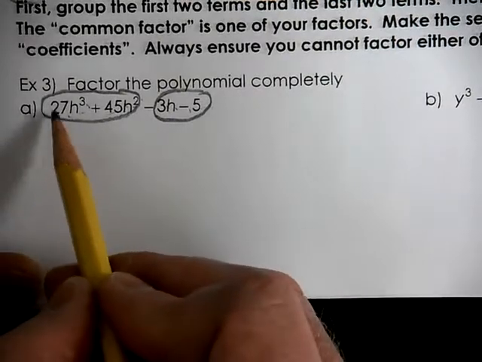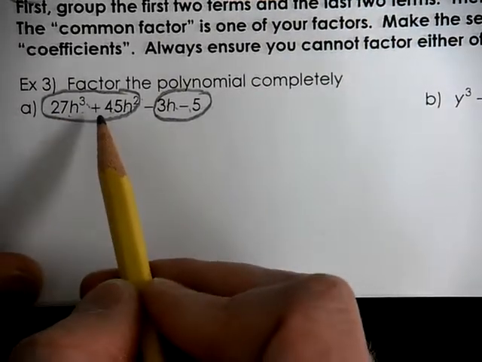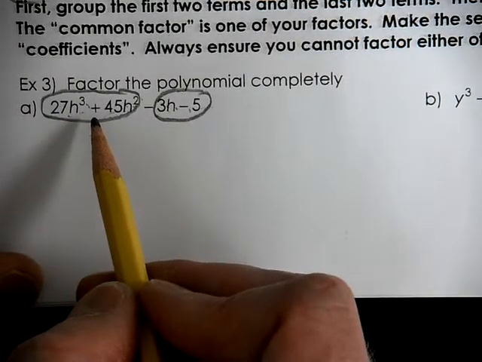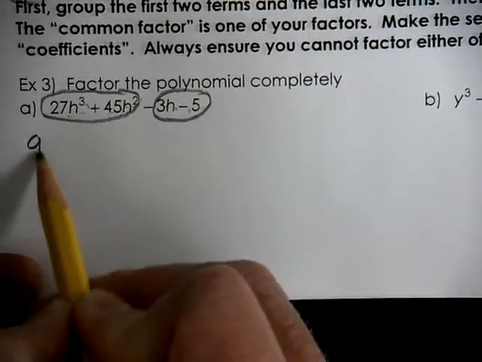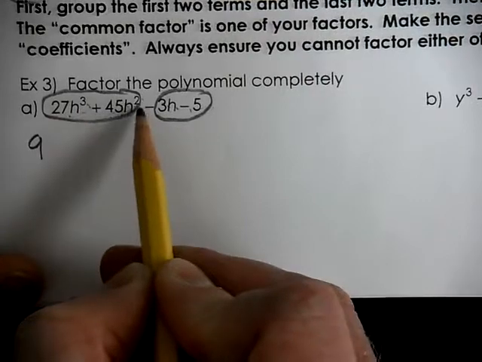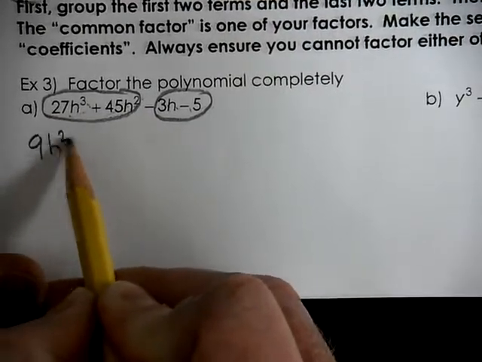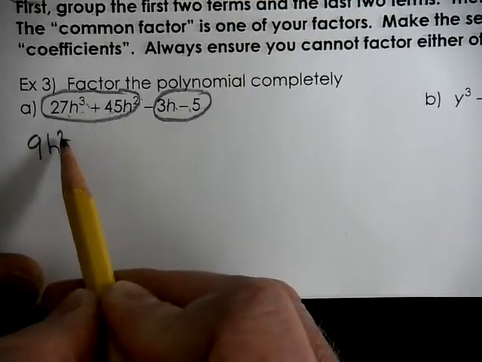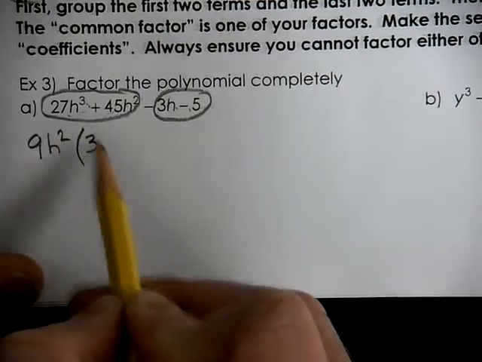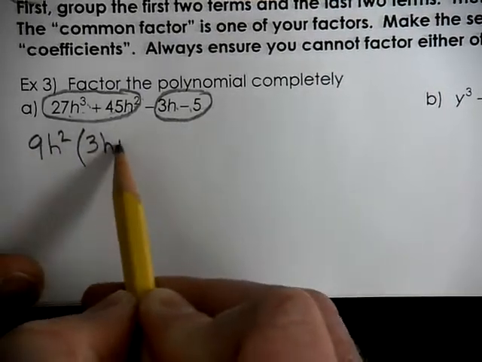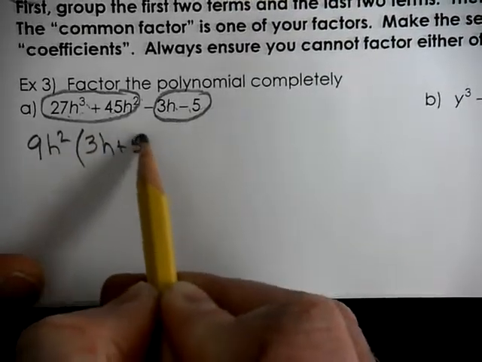You've got to figure out what can divide into 27 and 45. What number goes into both of those? A 9. Your smaller exponent is a 2, so it's going to be h squared. That's going to leave us 3h and a positive 5.